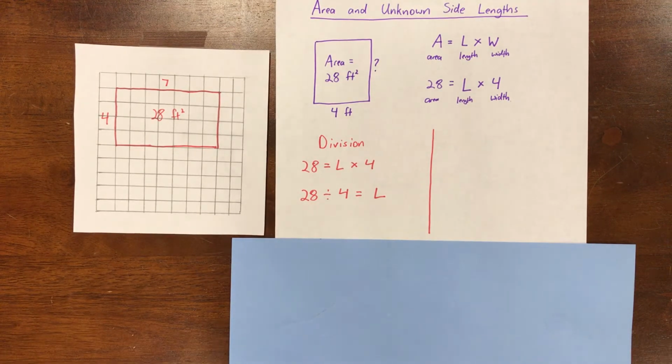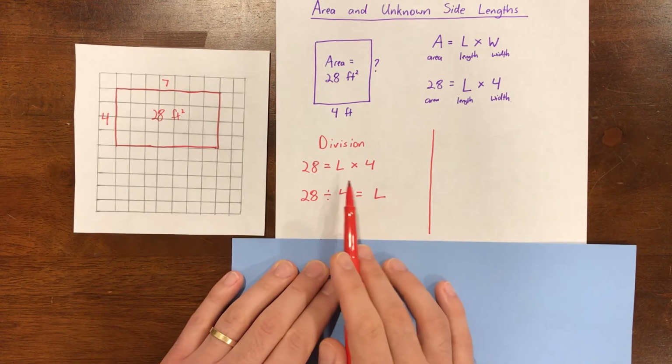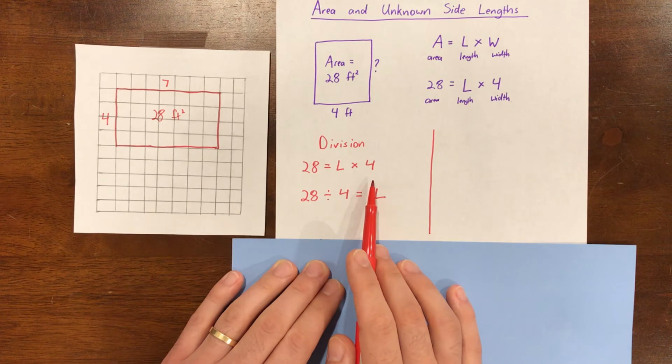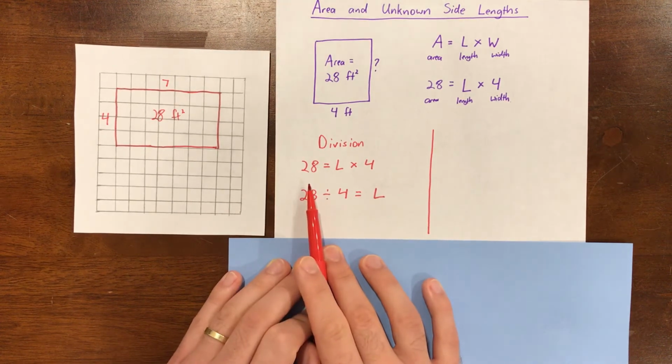Why can we use division to find missing factors in multiplication problems? Say it out loud. Right. In multiplication, the factors are the groups and the amount in each group, and the product is the total.